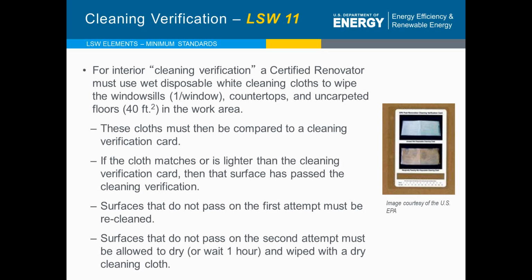A cleaning verification is using a wet wipe to wipe an area no greater than 40 square feet, unless it's a window sill, and then there's one wet wipe per window sill. These wipes are compared to a verification card. It's essentially another visual, but it's compared to the wipes on the card that you see in the photo to the right.